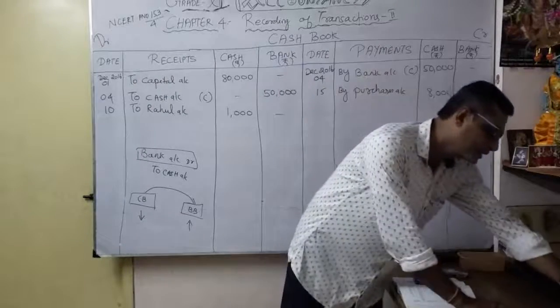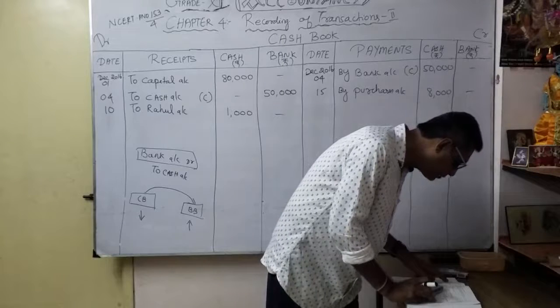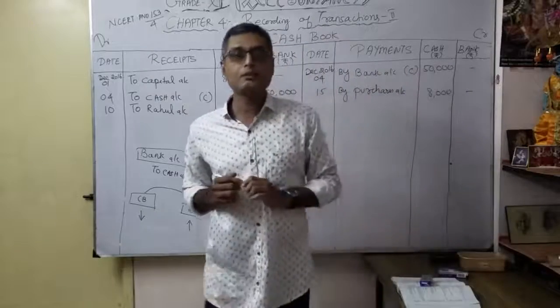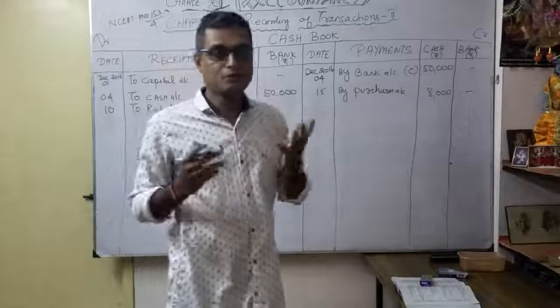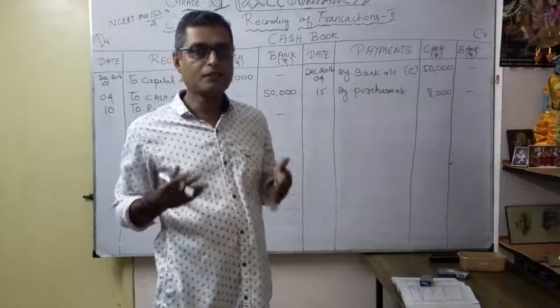Okay, then what next? December 22, bought goods by check 10,000. So naturally this comes under a bank transaction. What is the entry? Purchases account debit to bank.